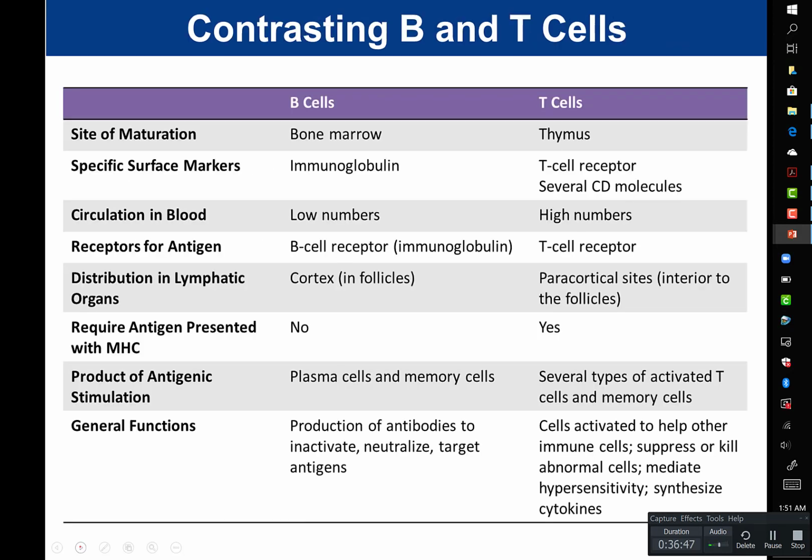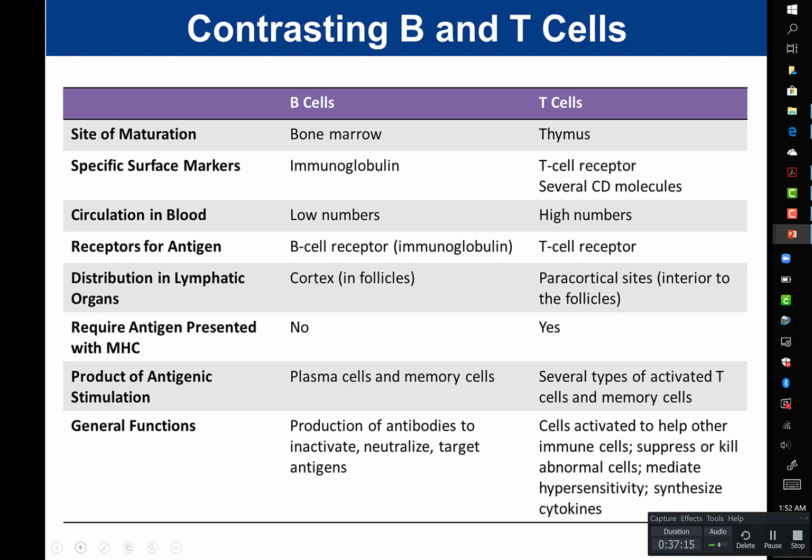So this slide is just comparing and contrasting B cells and T cells. B cells mature in the bone marrow. T cells mature in the thymus. In terms of their specific surface molecules, B cells have what are called B cell receptors, and they will produce these immunoglobulins.